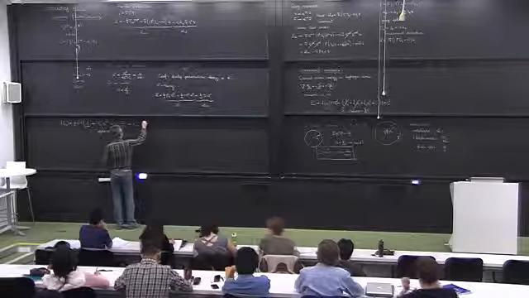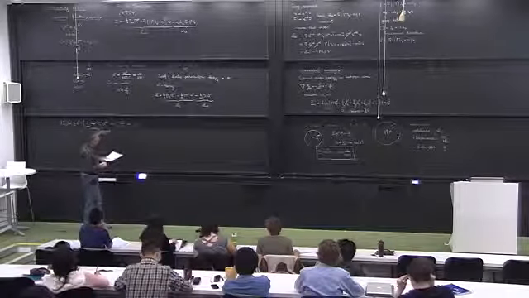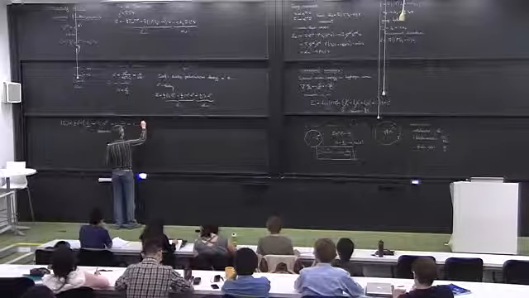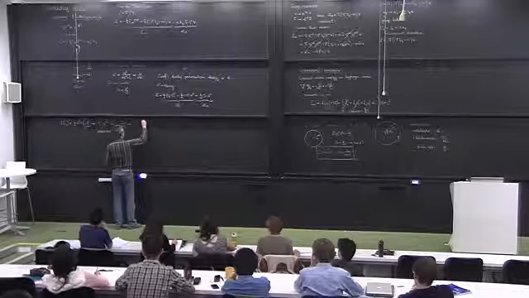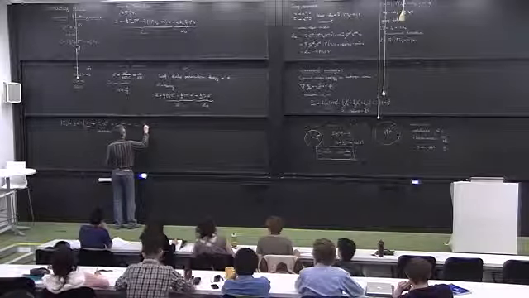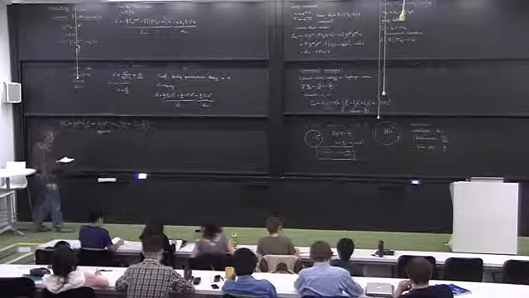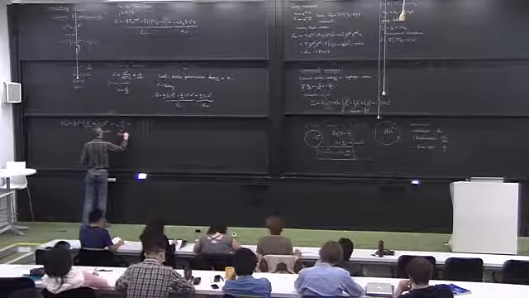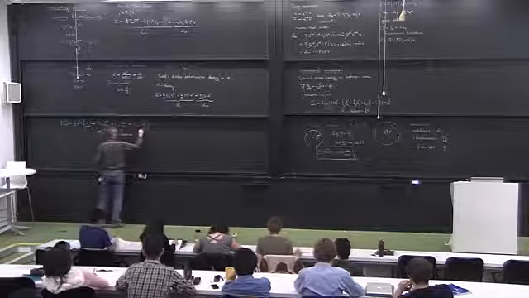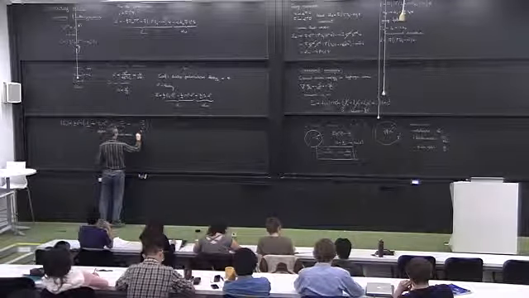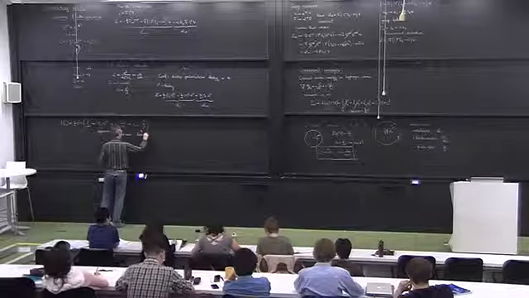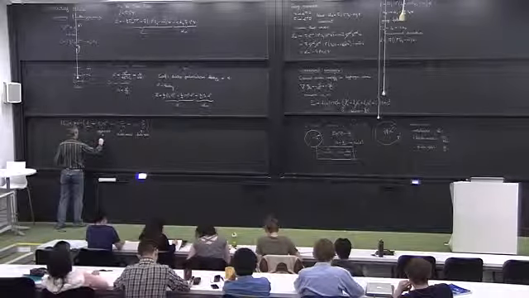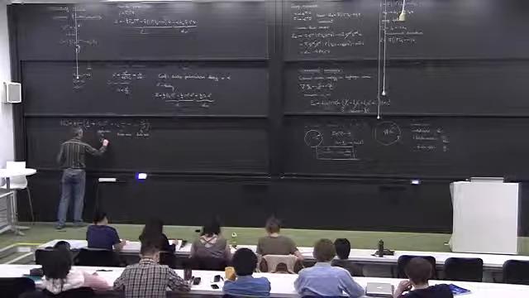So it will be roughly proportional to the fraction of the volume that the proton occupies, something like the radius of the proton cubed divided by a cubed.